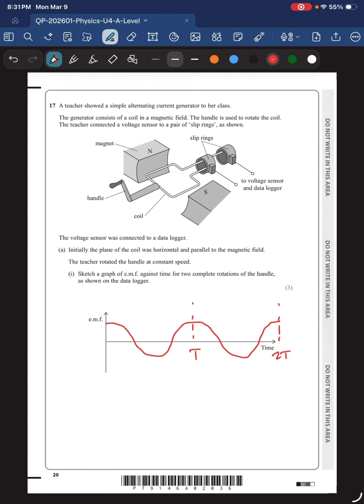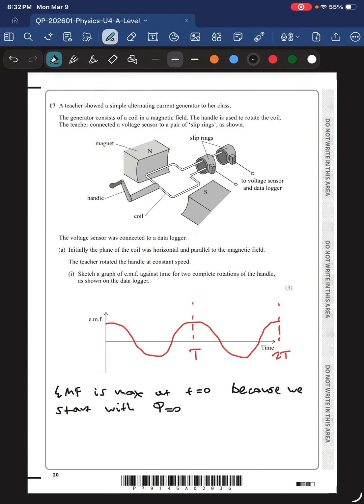The reason why emf is max at t equals 0 is because we start with 0 flux, right?